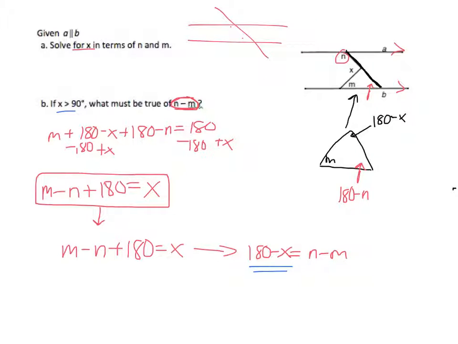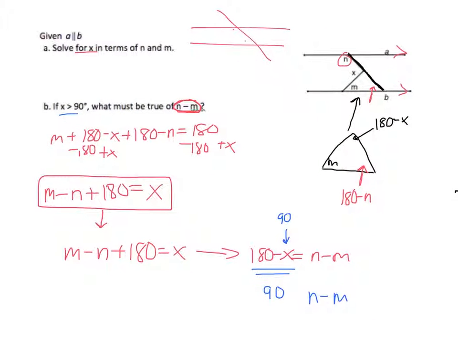So when x is greater than 90, what's going to be true? Well, 180 minus 90 would be 90. But since x is greater than 90, n minus m is going to be what? What do you think? It has to be near 90, but it doesn't exactly equal 90. x has got to be greater than 90, so like 91, and if you do 180 minus 91, you get 89, meaning n minus m is less than 90.